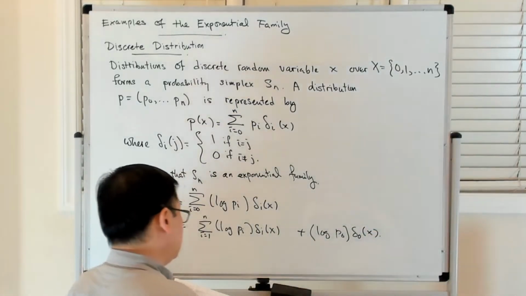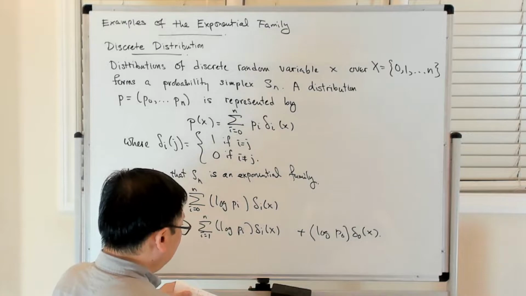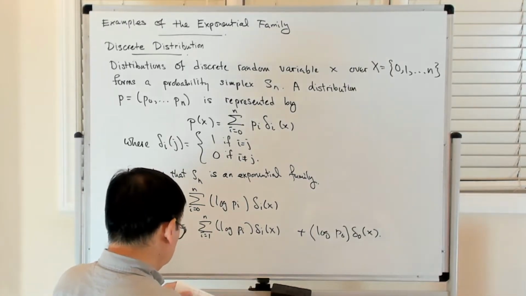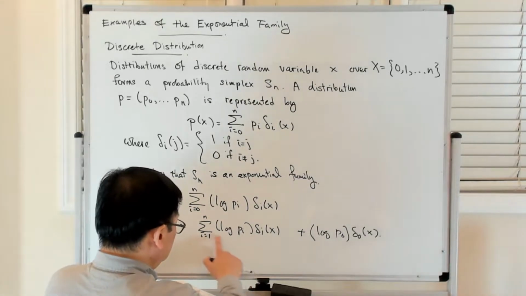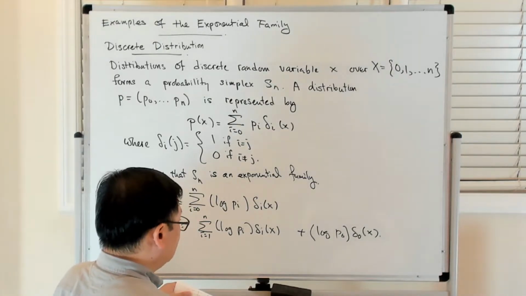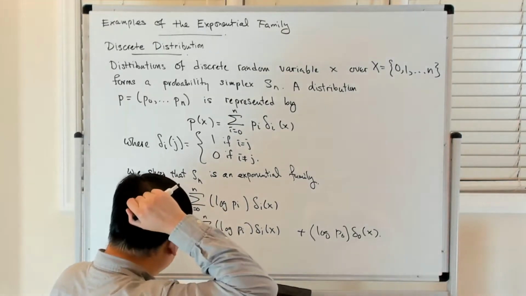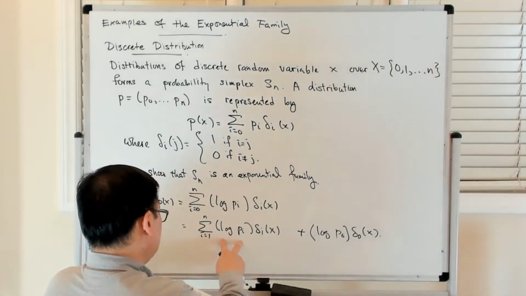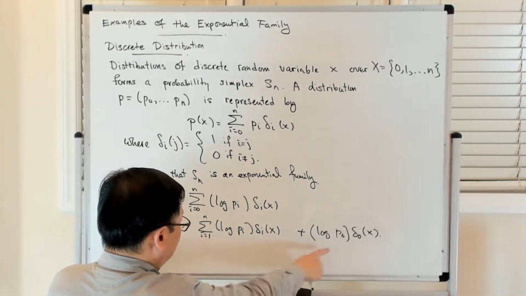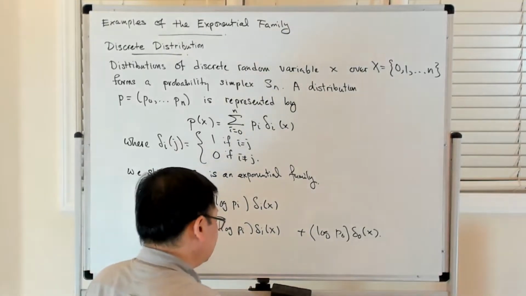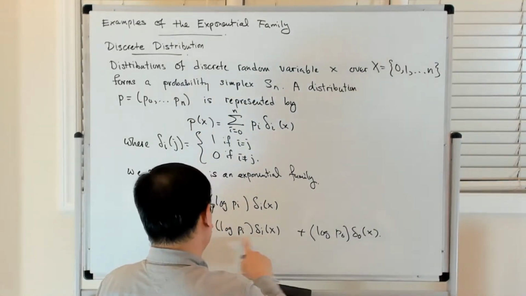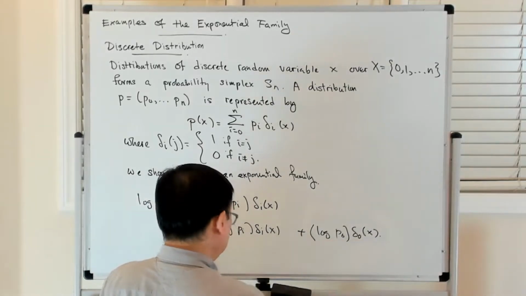What I can do is subtract off log p0 from all these terms, and then add log p0 with the delta i's from i equals 1 to n to this term.